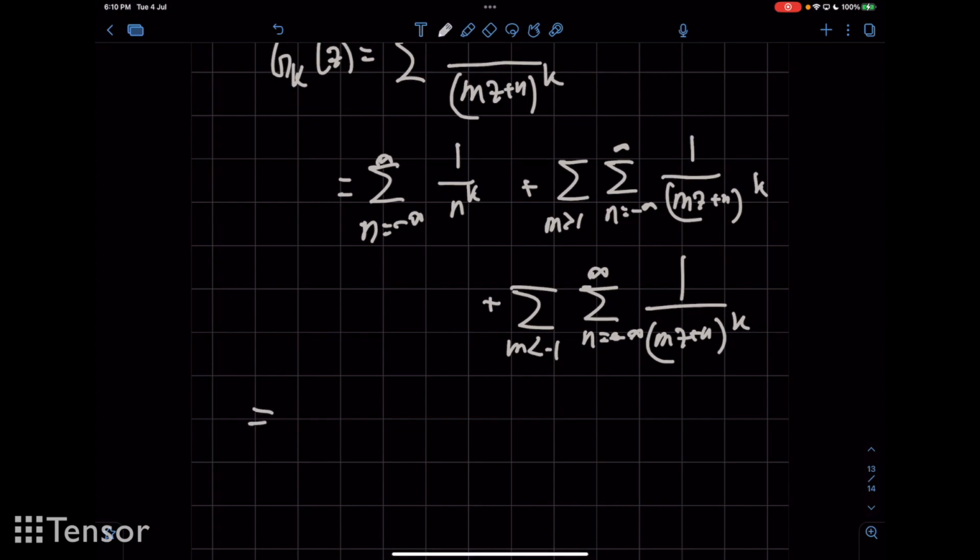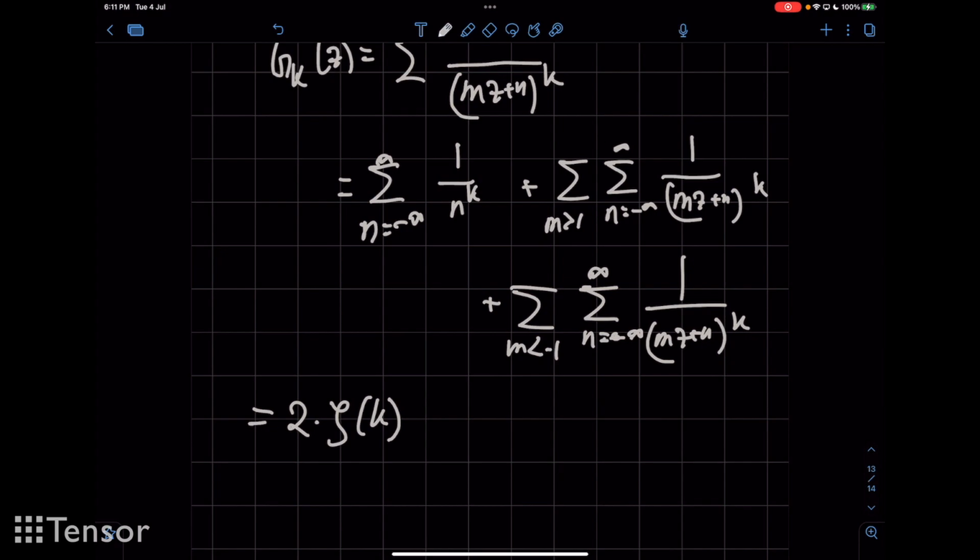Does the first term look familiar to anyone? This is twice the zeta function, right? Because the zeta function contains only the positive ones. And this is twice because k is an even number. If k was odd, then this sum would vanish, right?